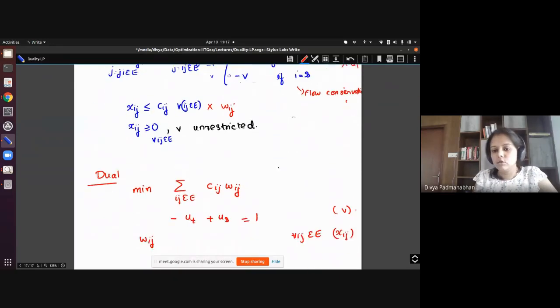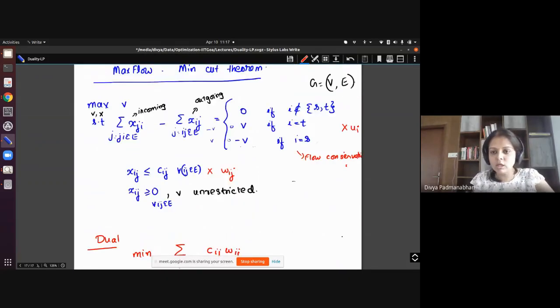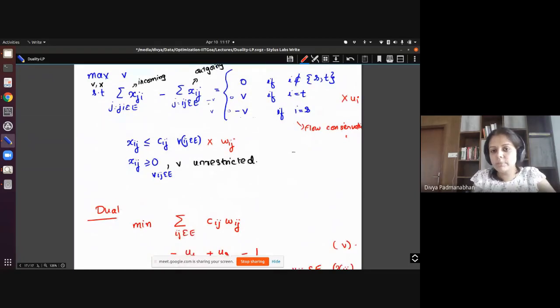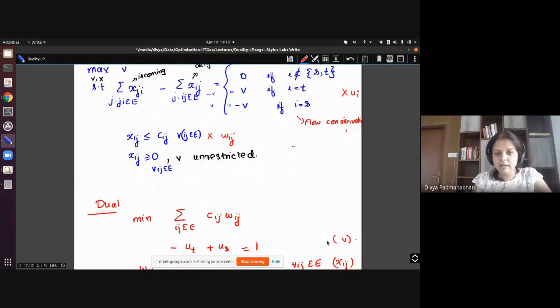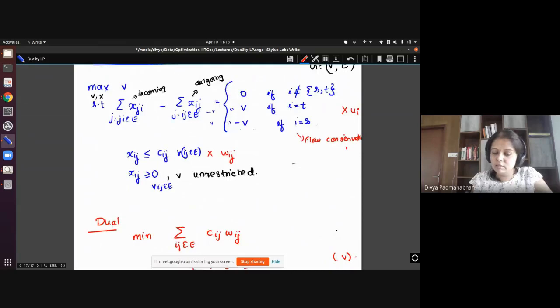If you take the edge xij in particular, xij will show up in two constraints, one corresponding to vertex i and one corresponding to vertex j. With this in mind, can you try to figure this out?